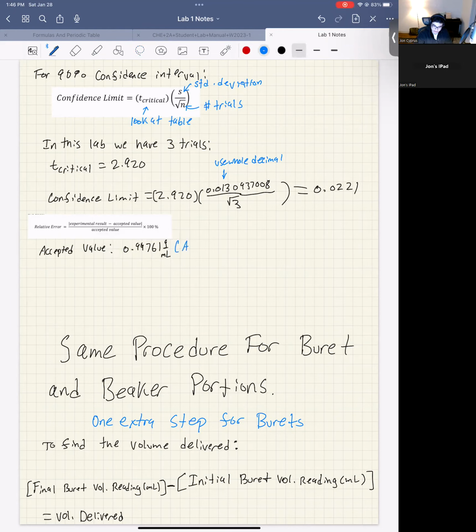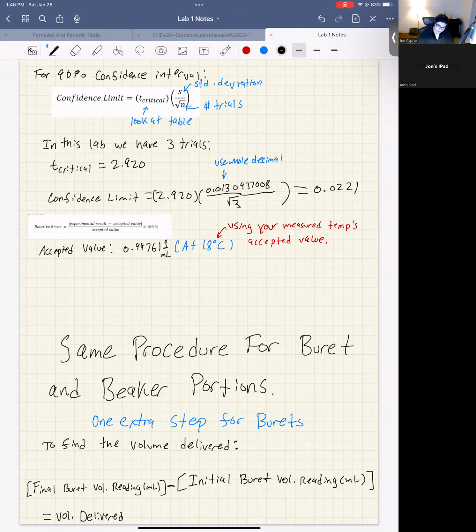And this is at 18 degrees C. You should be using your measured temperature. Accepted value. So I'm just again arbitrarily saying that this is my accepted value.